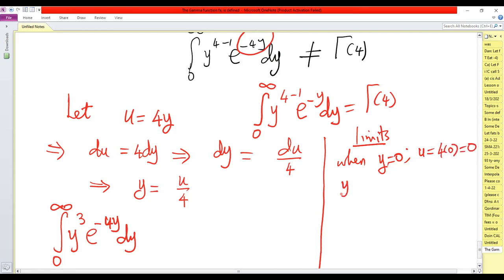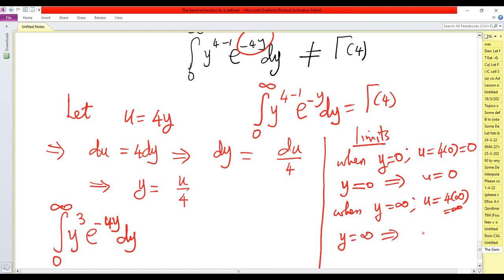So y equals 0 implies u is also equal to 0. When y approaches infinity, then u will be 4 times infinity, which is also infinity. So y equals infinity also implies u is infinity. So the limits are unchanged.